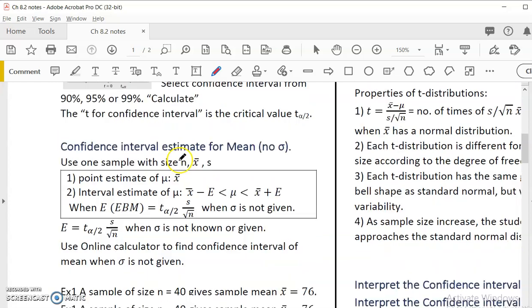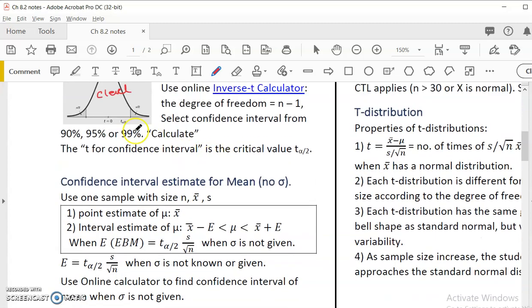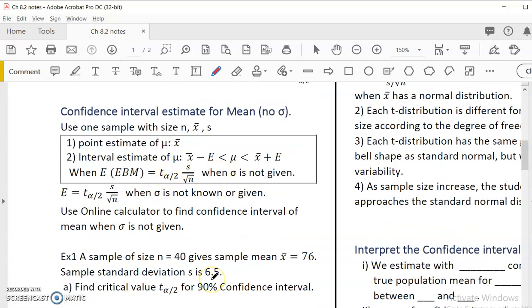So if we have the T critical value, we have the formula. To find the error bound, I use the tick mark T alpha over 2, with alpha over 2 at the tail end, multiplied by each tick mark size, which is S over square root n. So the interval would be X bar minus E and X bar plus E, just like before.